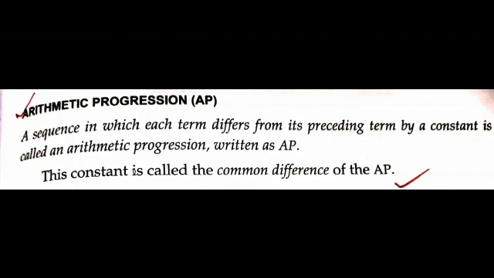Here is the definition. A sequence in which each term differs from its preceding term by a constant is called an arithmetic progression, written as AP. This constant is called the common difference of the AP.